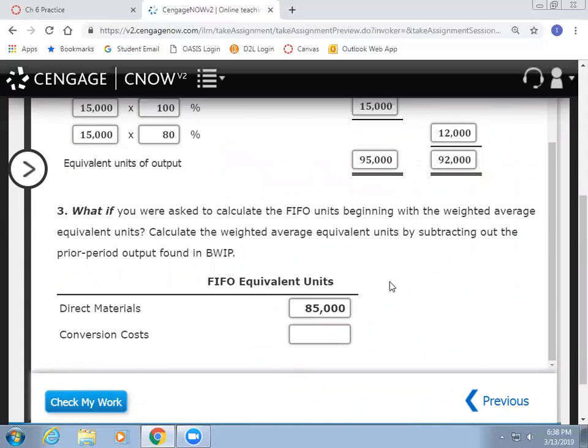So for materials, it's 95,000 minus that 10,000. For conversion, we would take the 92,000 minus the 6,000 and get the 86,000, which matches what we got under the FIFO method in the last example. Okay? So you take your equivalent units of output under weighted average and subtract out beginning work in process equivalent units of production.